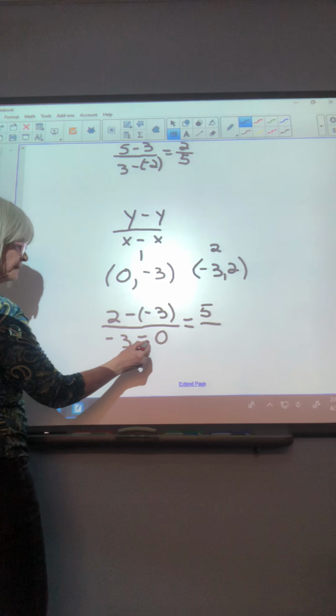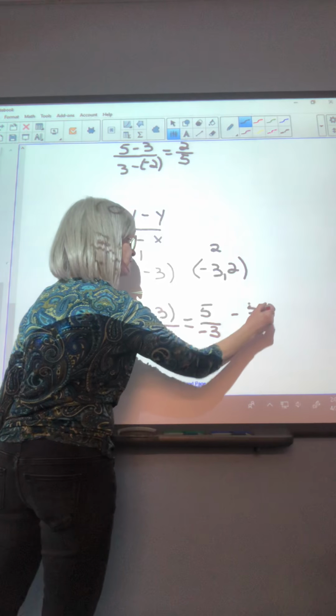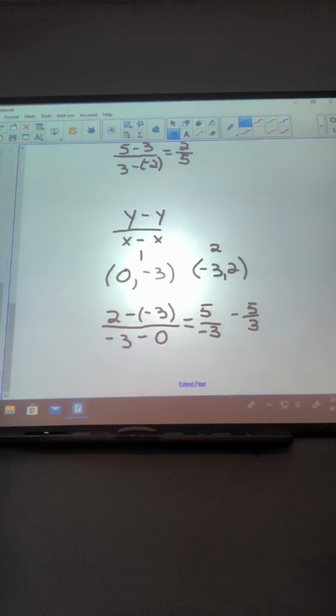A -3 minus 0 is a -3. So we get a -5/3 for our slope.